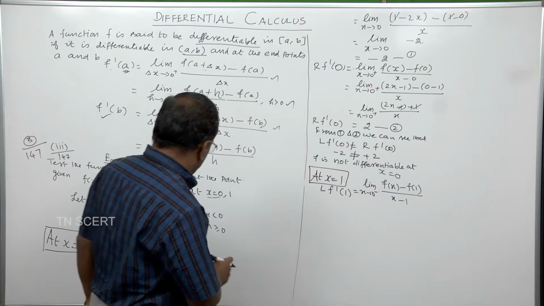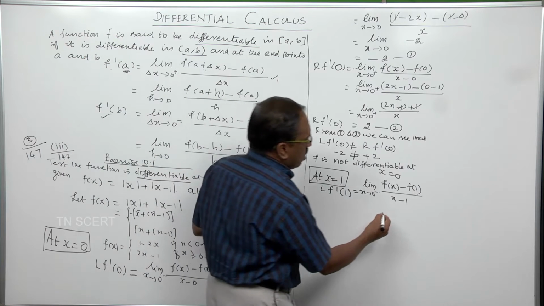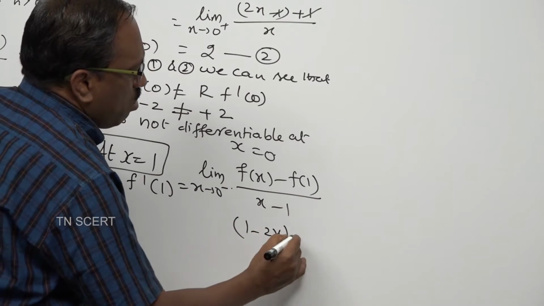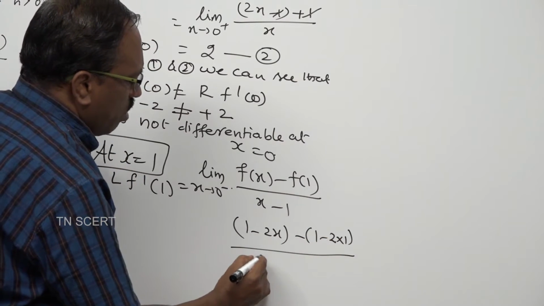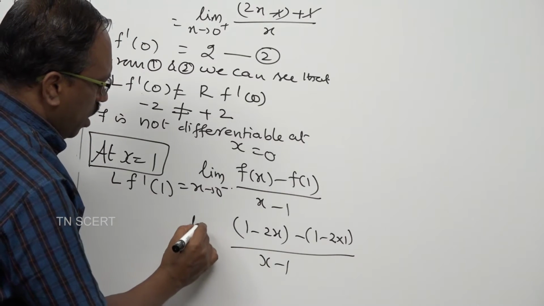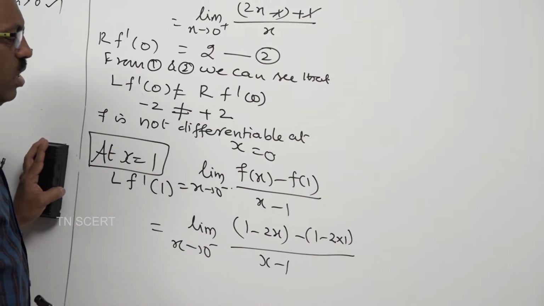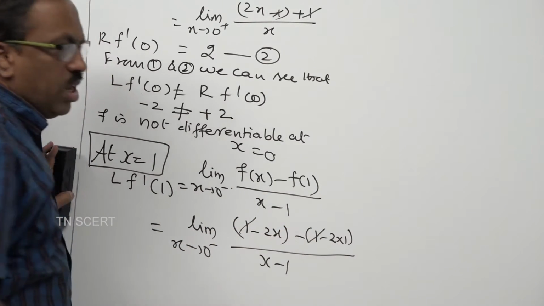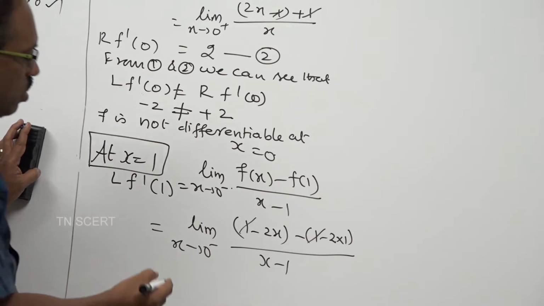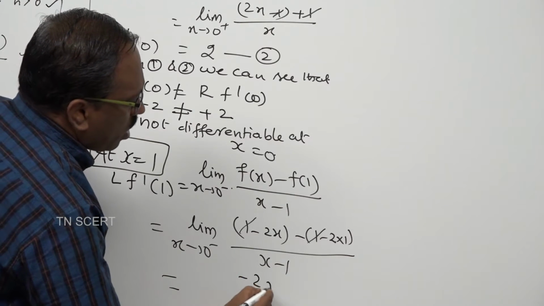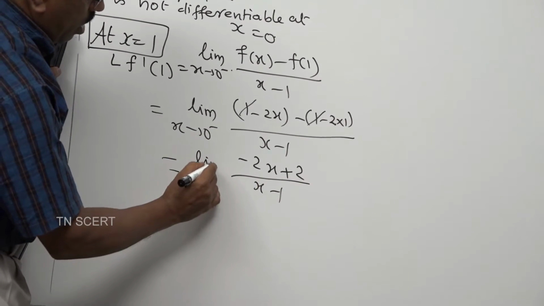For f of x, first we have to consider this, because the left limit means x less than 1, so 1 minus 2x. So, 1 minus 2x minus (1 minus 2 into 1) whole divided by x minus 1, limit x tends to 1 minus, remember that. Here plus 1 and minus 1 get cancelled, minus 2x minus of minus plus 2x plus 2, that is minus 2x plus 2 over x minus 1.